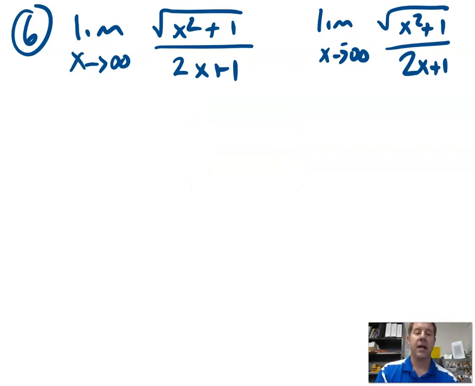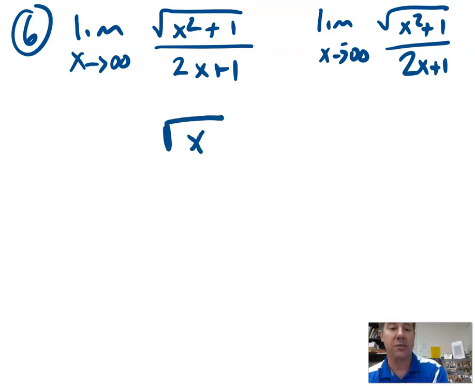Number 6. Whenever you see a limit going to infinity with a square root in it, watch out. These are the ones that are kind of weird, where you don't just get one answer to the right and the same one to the left. You're going to get 2 different answers, and here's why. If we're taking the limit as x approaches infinity, we can get rid of all the stuff in the back. The plus 1s don't matter.